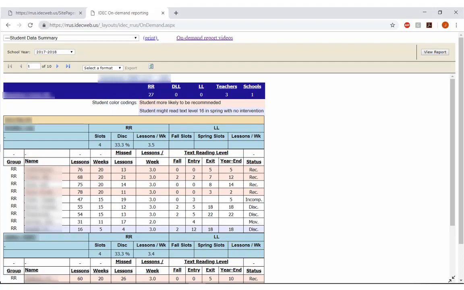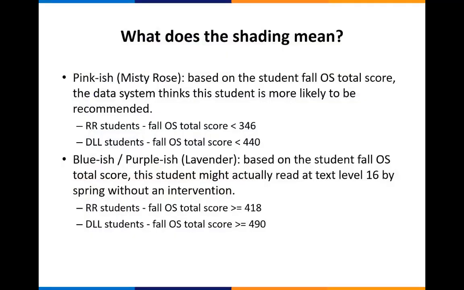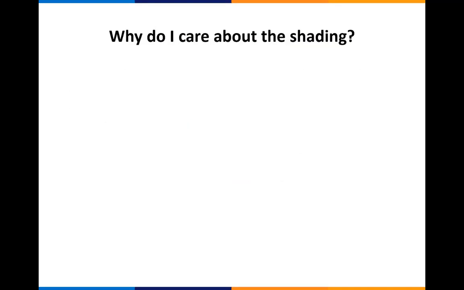So now, here comes the next question. That's great, we know what the shading means. So why do I care about all of this shading? As I said at the start of the podcast, I think you should care about it because it can help you with time management.